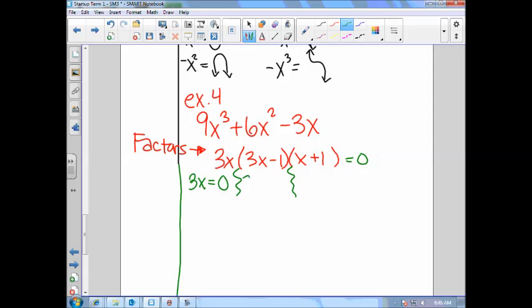The next factor is 3x minus 1, set it equal to 0. The next factor is x plus 1, set it equal to 0. Okay, and solve all of those. So you're going to have 3 different values for x. I'd like you to try to solve them on your paper. Solve each of our factors for x after we've set them equal to 0.